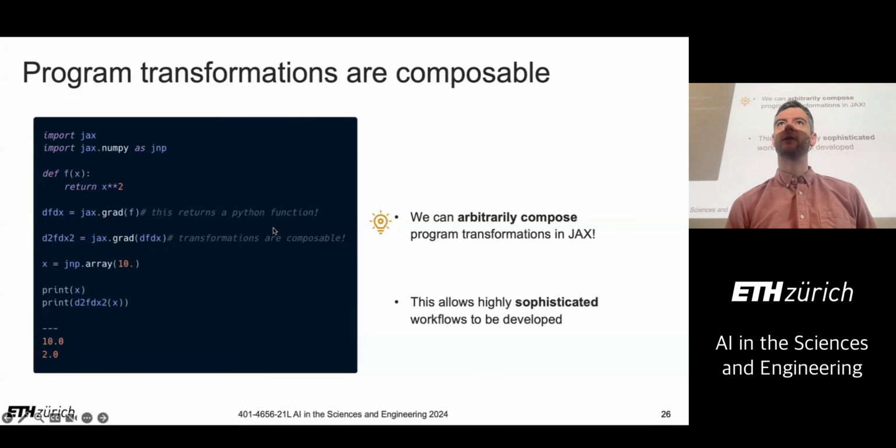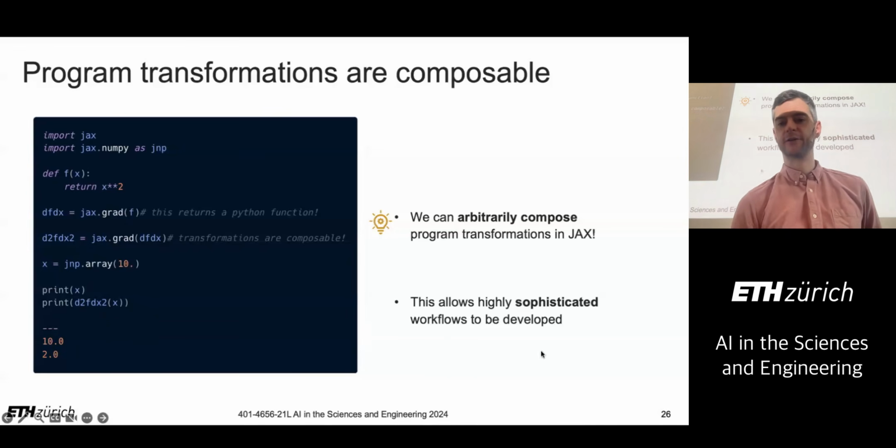A simple extra transformation we might do is take this function that is just computing 2x, and call jax.grad again to get the function that computes the gradient of that function, which is just 2. If we call this new function, we can query it at any point in x and get the second order derivative of the original function. So this is really nice, and I would argue a much clearer, more explicit way of computing gradients and doing autograd.